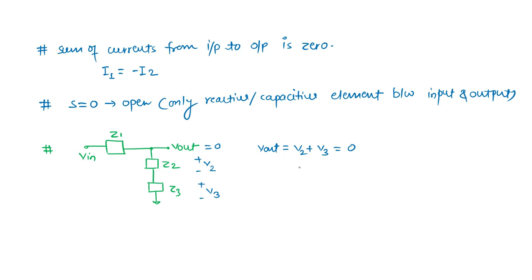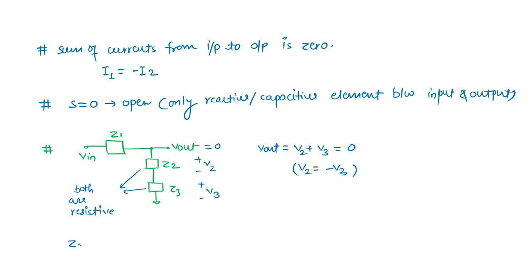If they are equal, the only possible thing is that V2 should be out of phase of V3. Okay. So again, the point comes: if both the elements G2 and G3 are resistive, is it possible that the sum of the voltages across these two elements is zero so that your output can be zero? Is it possible?